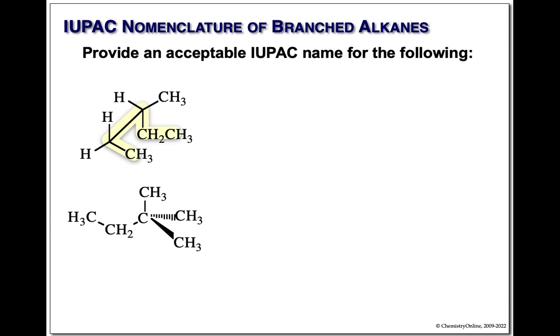Here's our side chain. It's a methyl group. That's carbon 1, 2, 3. 1, 2, 3. So it doesn't matter. It's in the middle. We can make either one carbon 1. Because we have 1, 2, 3, 4, 5, we would start by drawing a zigzag, wouldn't we?